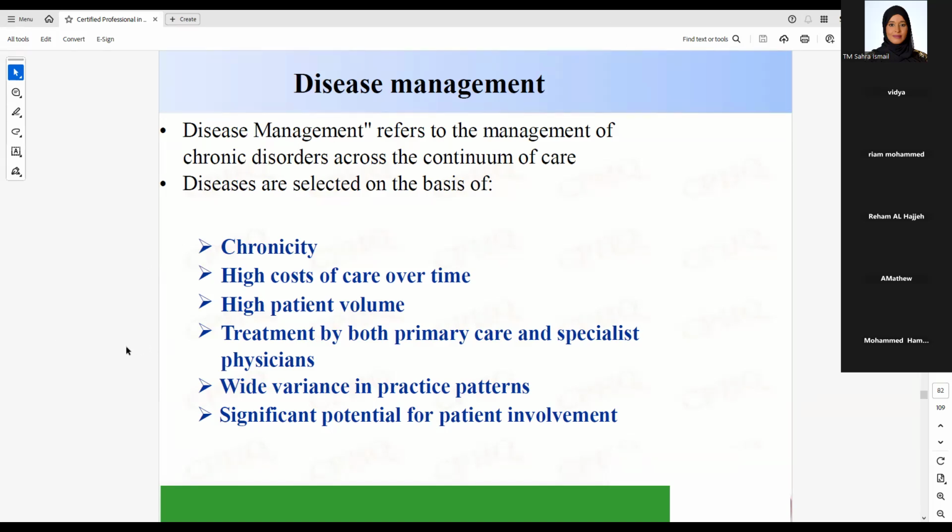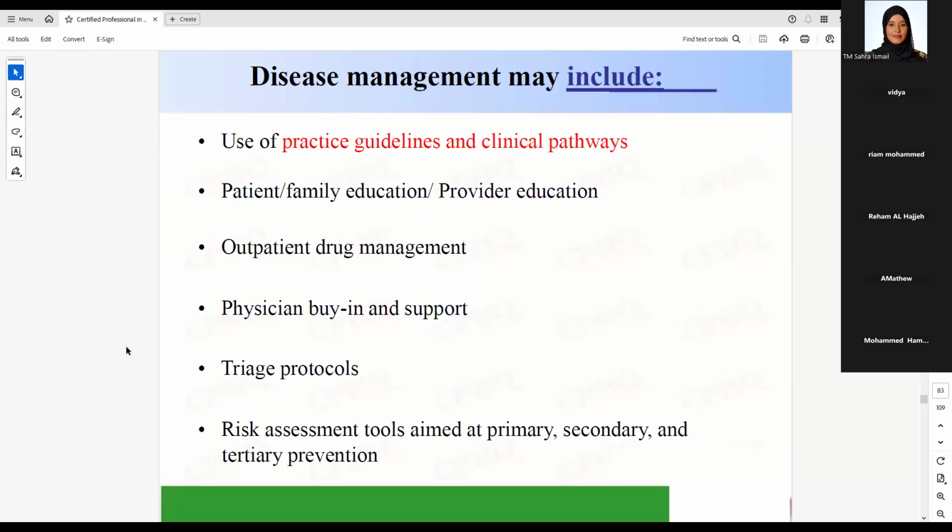That's why you even have clinical practice guidelines and pathways defined by DOH for those patient populations. It includes patient and family education. It also includes outpatient drug management, requires physician buy-in and support, some triaging protocols, as well as risk assessment tools for primary, secondary, and tertiary prevention.